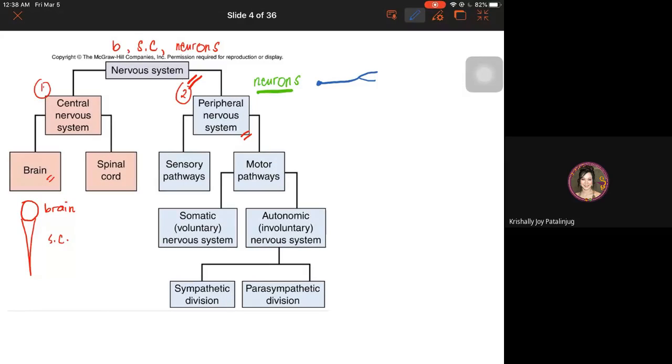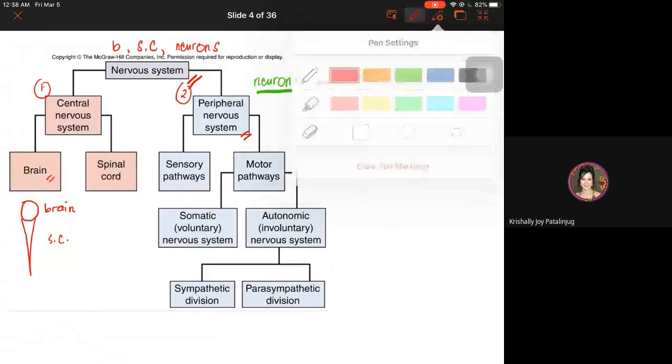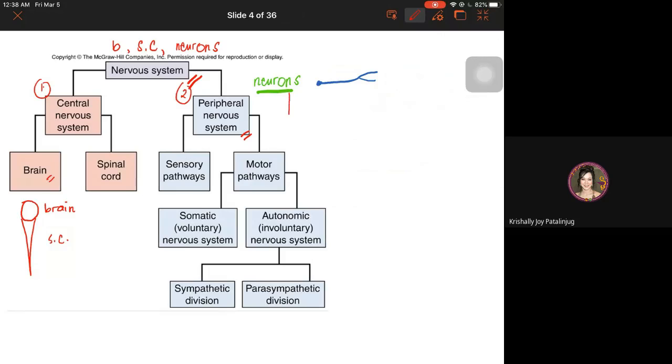Now, let us give focus this time on these neurons. Again, focus tayo ngayon sa neurons. Take note that when we say neurons or nerves outside the CNS, based on their functions, meron tayong dalawang klase ng neurons. Again, when we talk about neurons, based on functions, there are two types, two classes ng neurons.